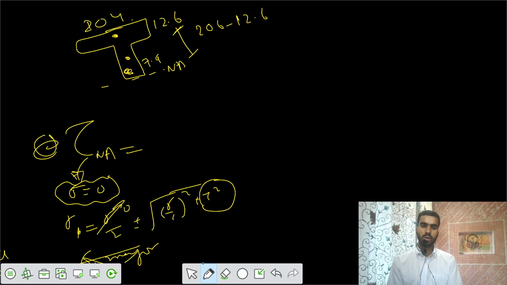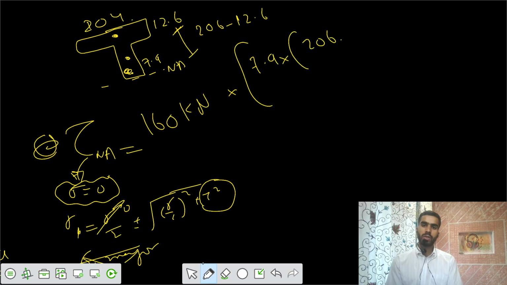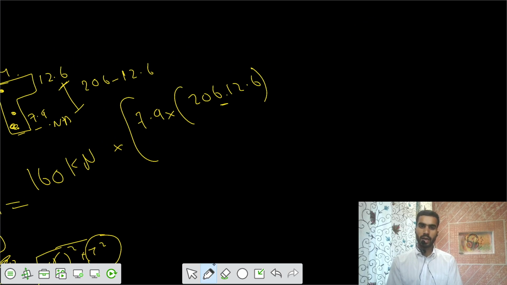The shear force was 160 kilonewton, and area into y bar, I would say 7.9 into 206 minus 12.6, and its centroid is at 96.71.